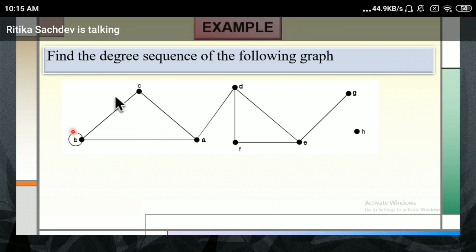Vanita, repeatedly I said, count this also. B is a loop.